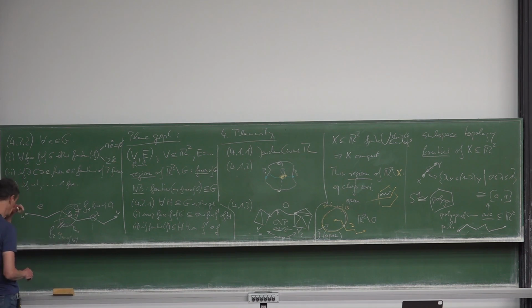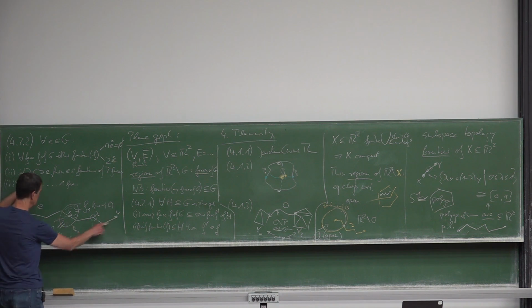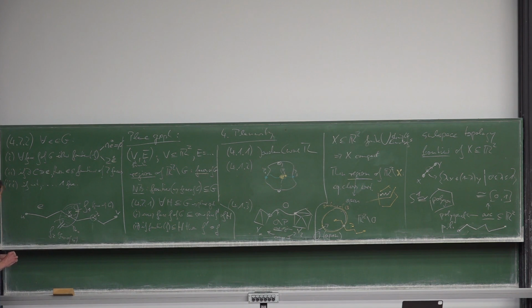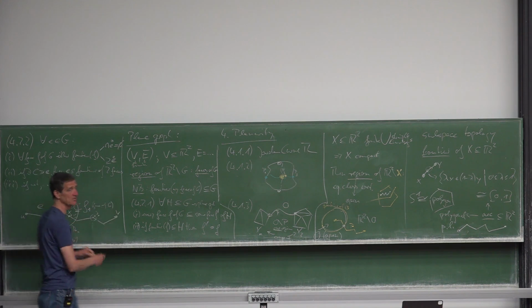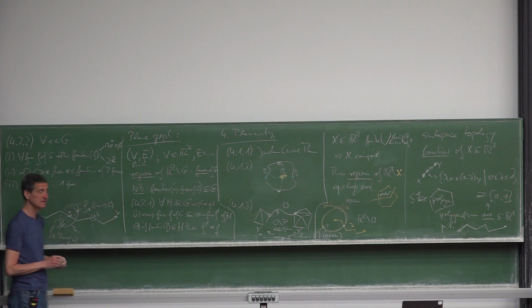All right, so let's assume that this entire edge E lies on a circle in G. Then this circle in G is a polygon in the plane.